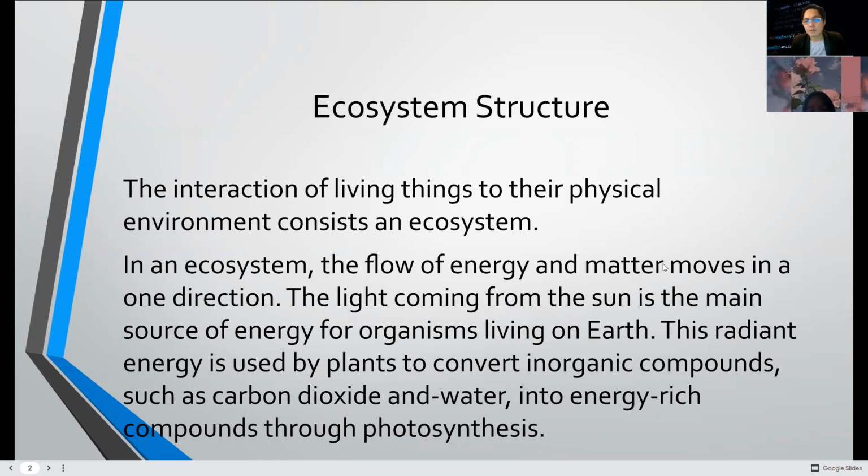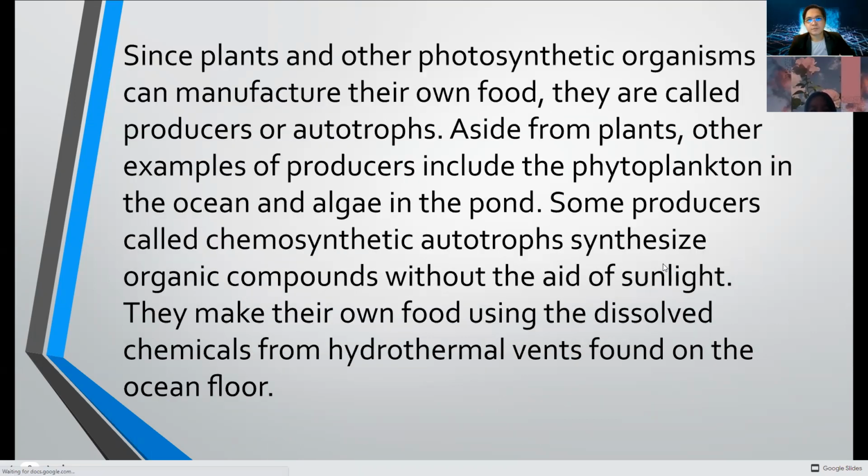Okay, the chemical formula for glucose or your sugar is C6H12O6: carbon 6, hydrogen 12, and oxygen 6. Right? Since plants and other photosynthetic organisms can manufacture their own food, they are called producers or autotrophs.